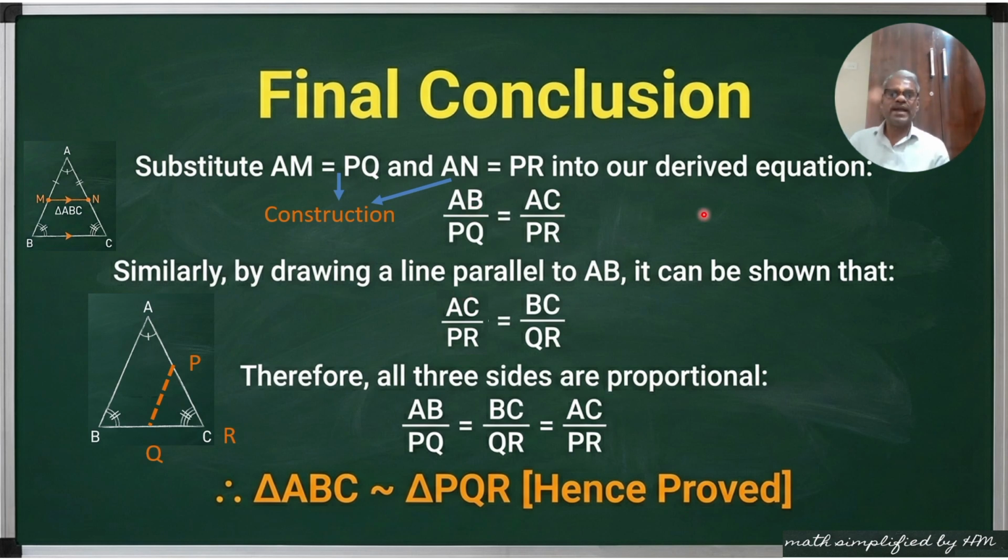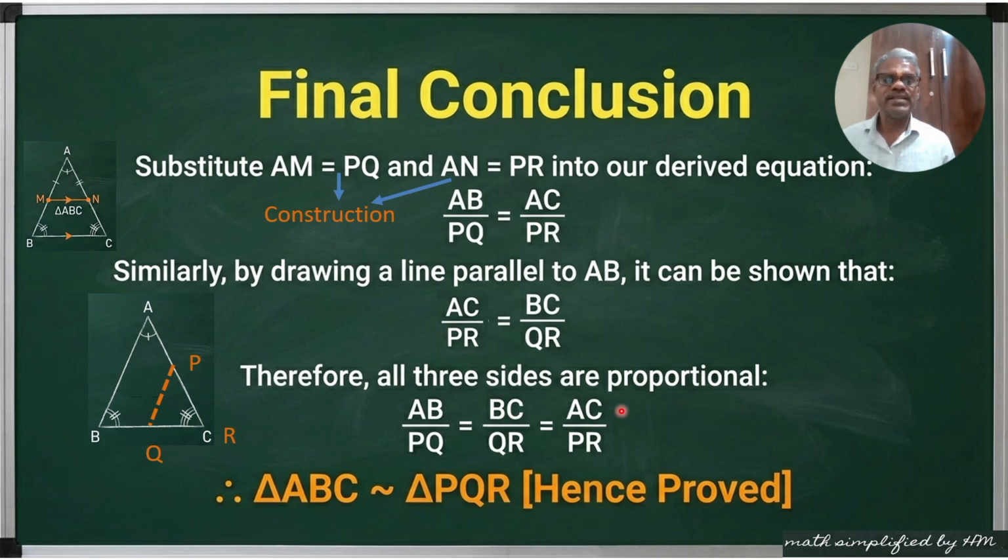So we have shown that here the corresponding two pairs of sides are proportional. Similarly, by drawing a line parallel to AB, it can be shown that AC upon PR is equal to BC upon QR. Now we have AB upon PQ is equal to AC upon PR is equal to BC upon QR.